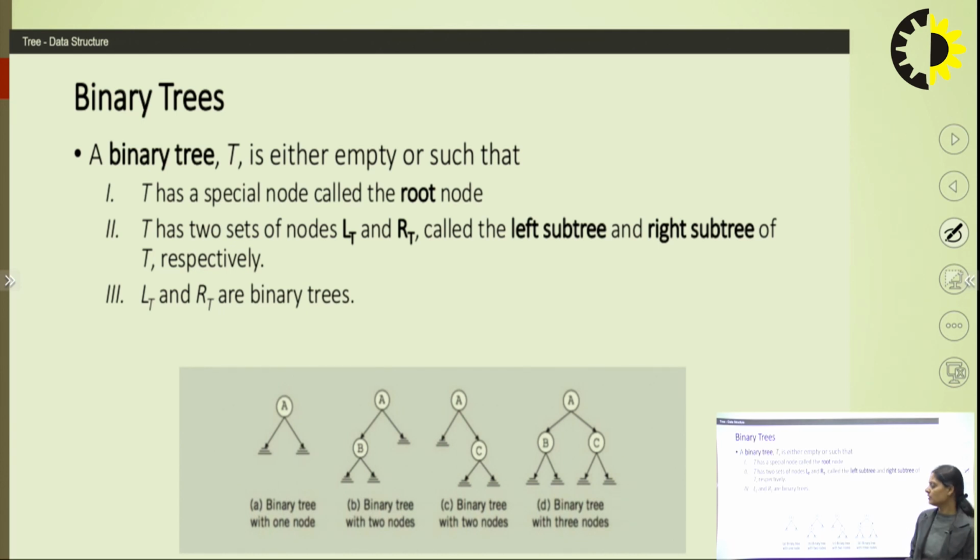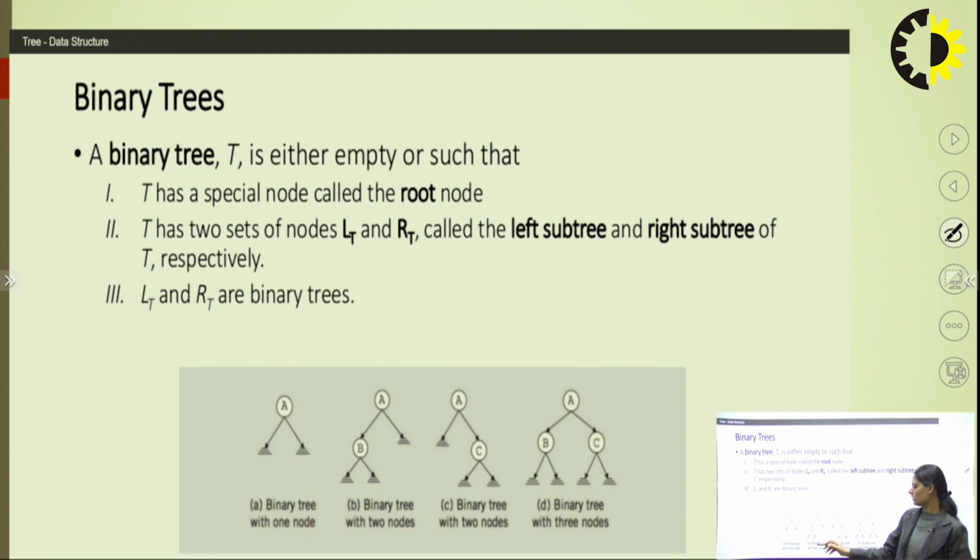So we say that the binary tree may be empty, it may have a single node, it may have 2 nodes, it may have 2 subtrees, LT and RT, and these LT and RT are themselves binary trees. So this is all recursive.